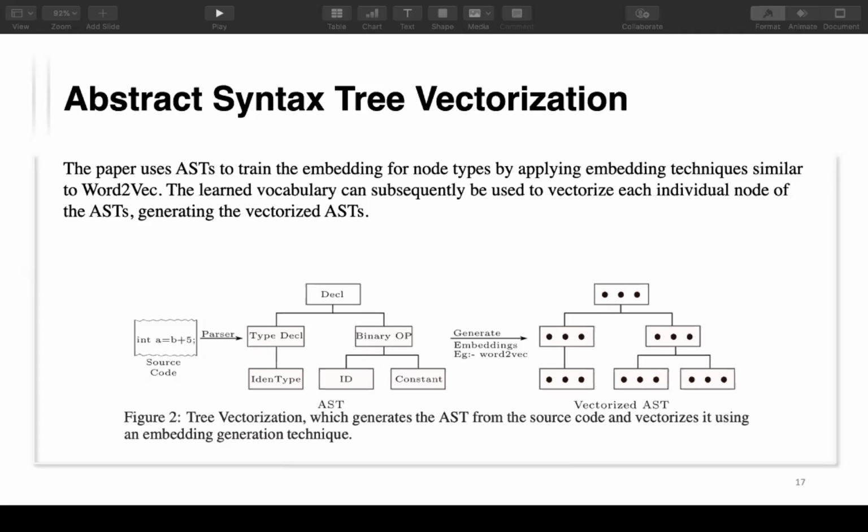But AST nodes usually have limited semantics compared to the control flow graph and the program dependency graph. So after this step, we get the vectorization, the embedding for each node in the AST.